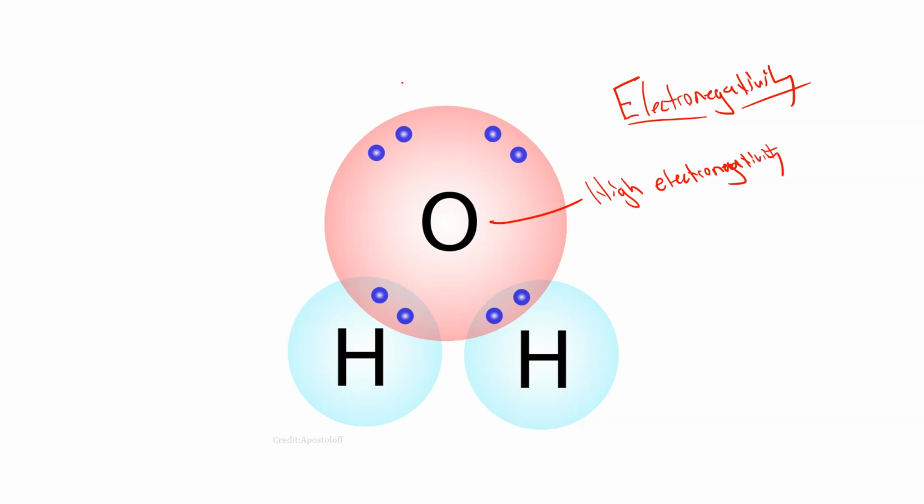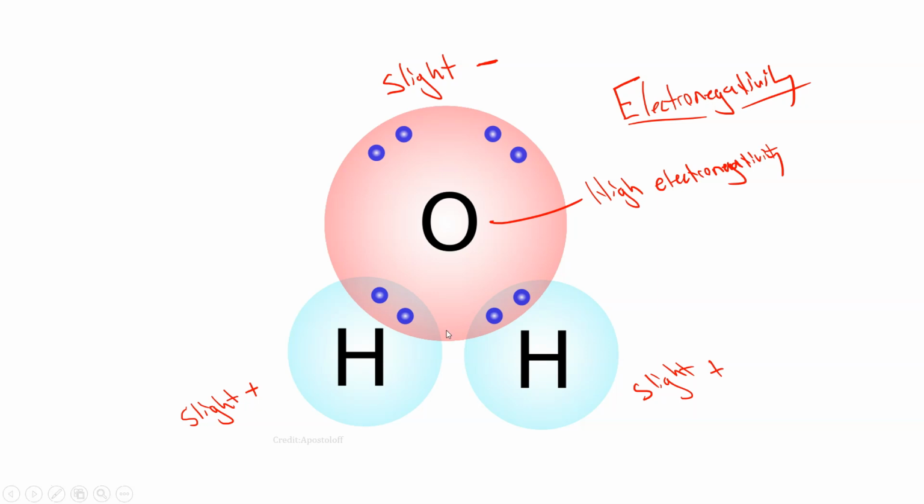So it develops a slight negative charge over here, and because of that, we also get a slight positive charge on the hydrogens. Even though they're sharing electrons, the two negative charges that hydrogen has given up spend more of their time around oxygen than they do on the other side. So we get a little bit of a negative charge on this side of the molecule, and a little bit of a positive charge on this side of the molecule for water.